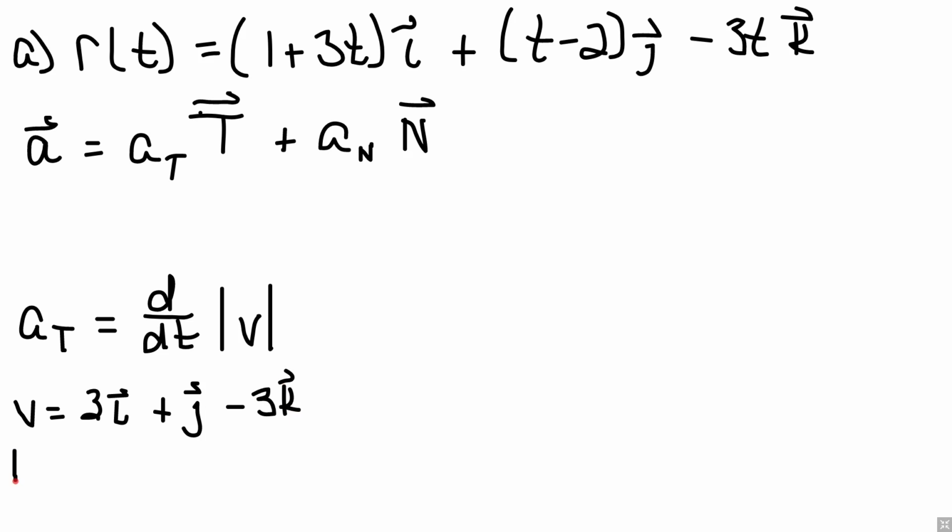Now we want to find the magnitude of this. That's going to be the square root of 9 plus 1 plus 9, or the square root of 19. Any questions there?